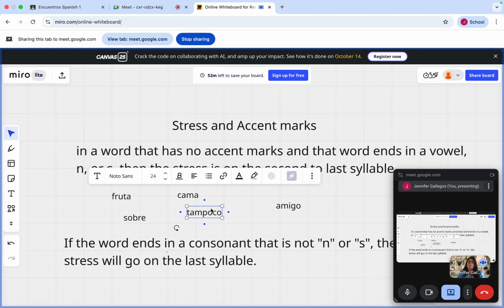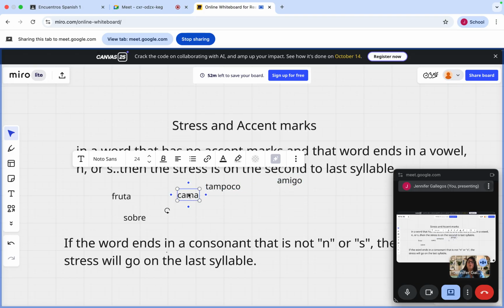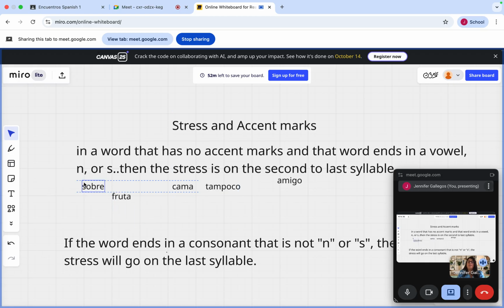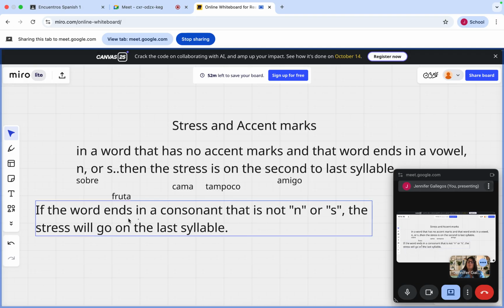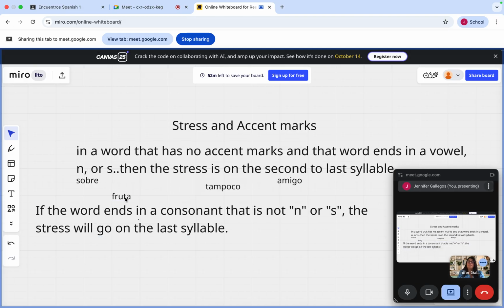All right, un momento. Let's look at some words like this.